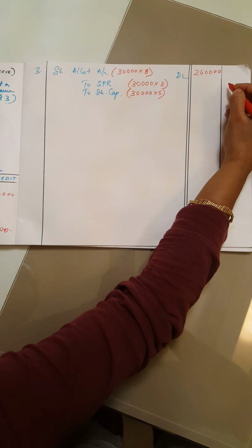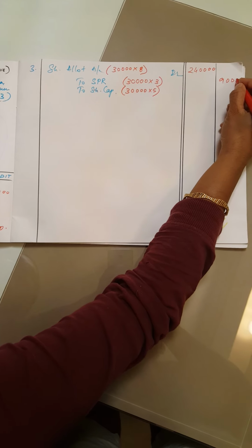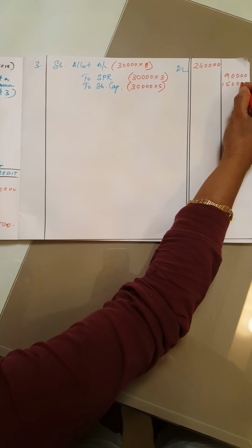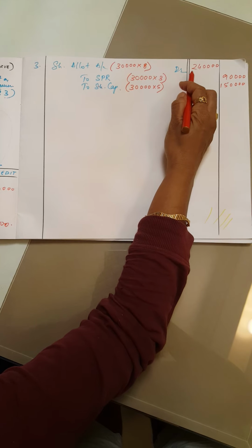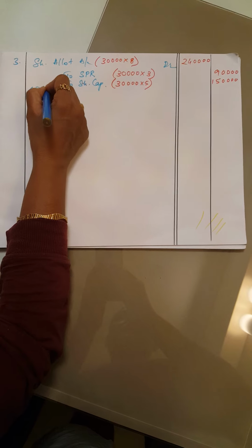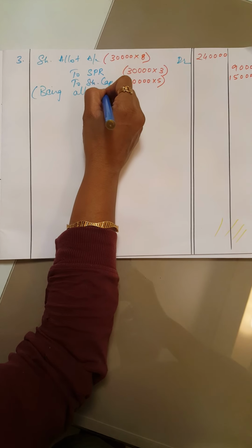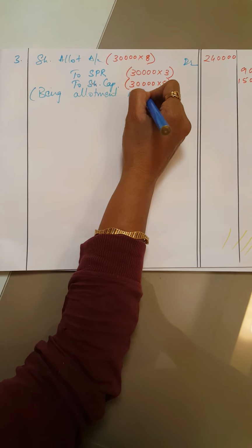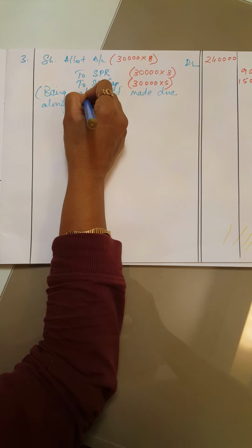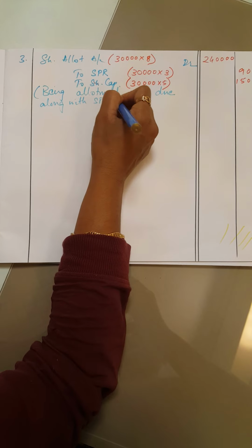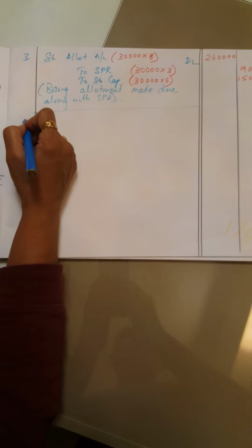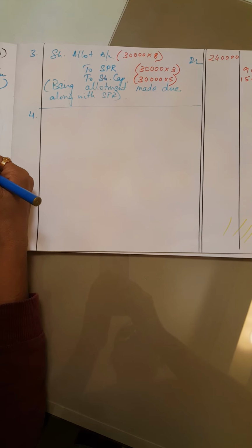Your securities premium reserve will be 90,000 and your share capital will be 1,50,000. So total comes to 2,40,000. The narration would be: allotment made due along with SPR. This entry is over.